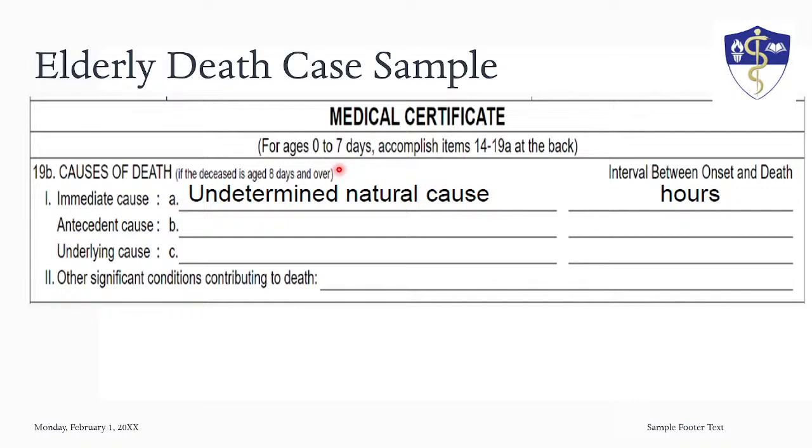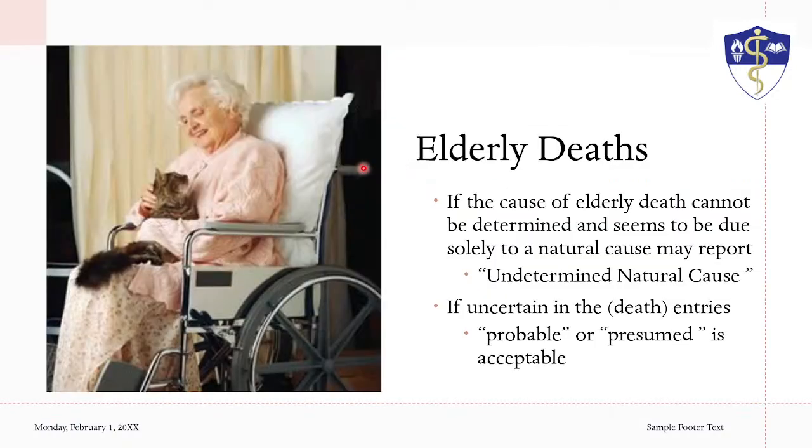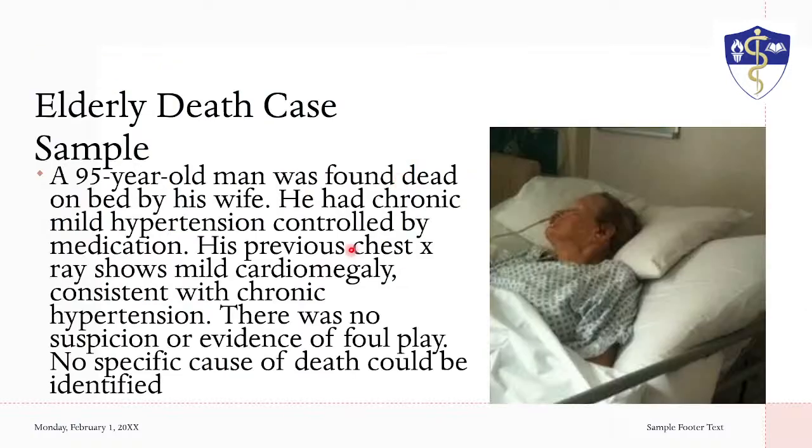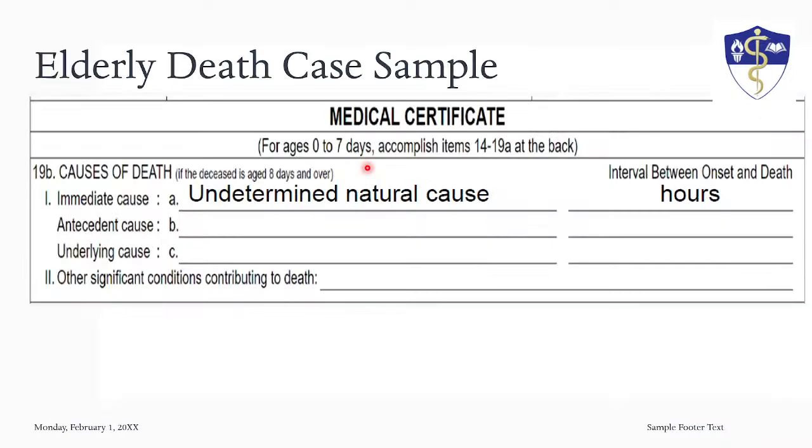So if you want hypertension to be placed, you place it here, and then you place the interval as years. Or you can place that below. No, nothing. If you put undetermined natural cause, this is supposed to be one line only. Okay? Undetermined natural cause, hours. That's allowed. Hypertension for years is also allowed.